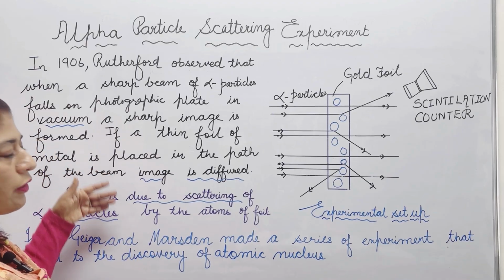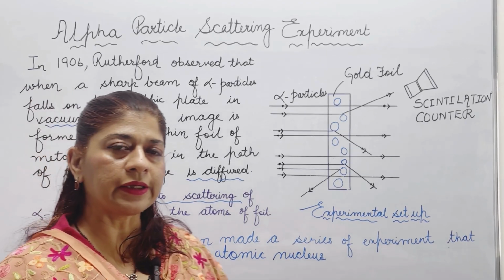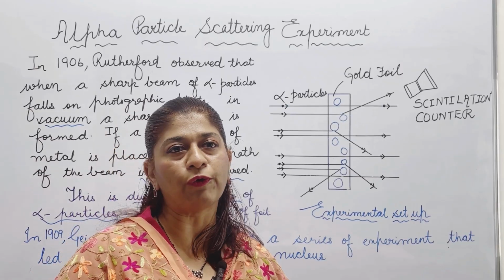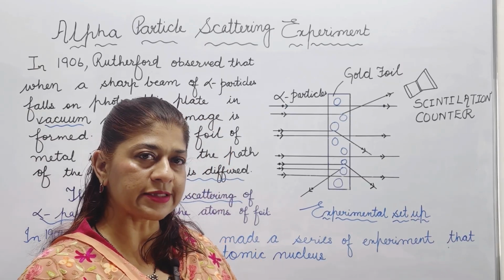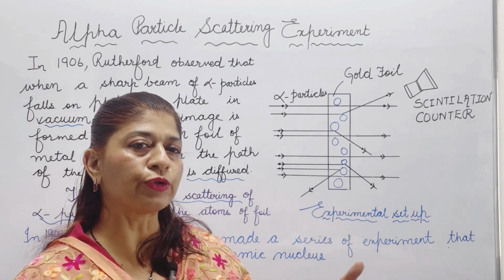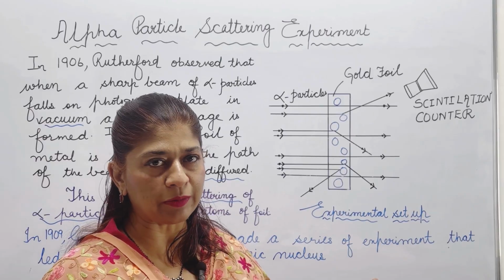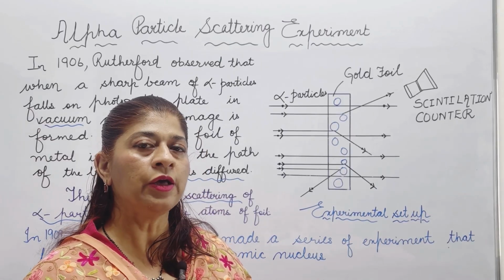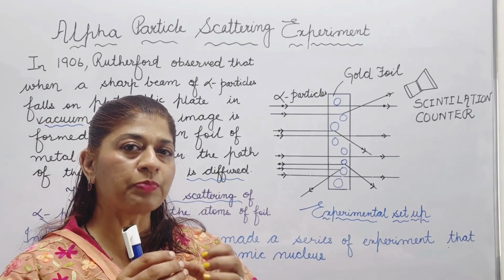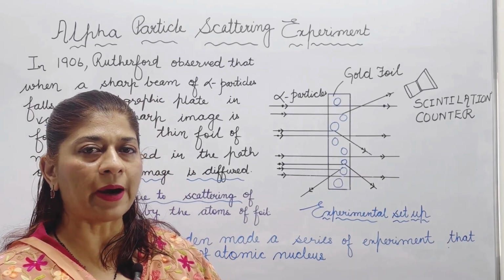So, whatever Rutherford concluded: when alpha particles are incident on a metal foil inside a vacuum, so there is no other interference, and the photographic plate is observed, there is not a sharp image, rather a diffusion, because the atomic particles present inside are scattering the alpha particle rays.